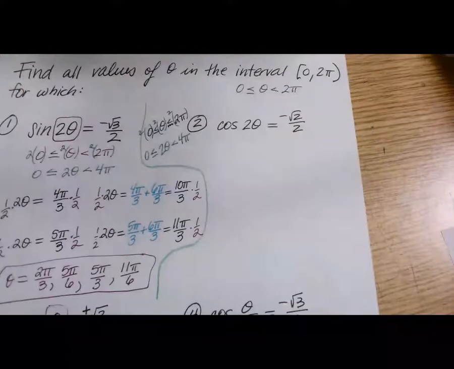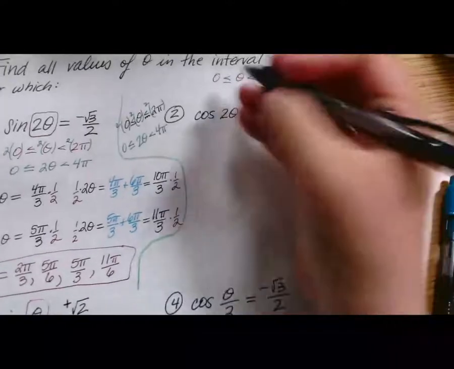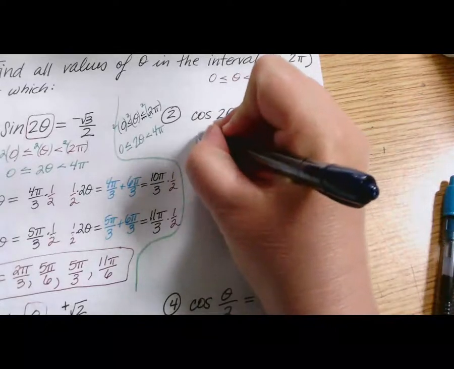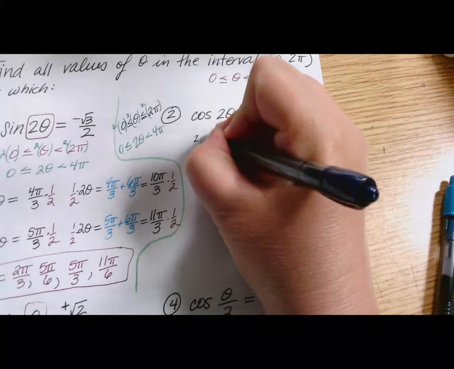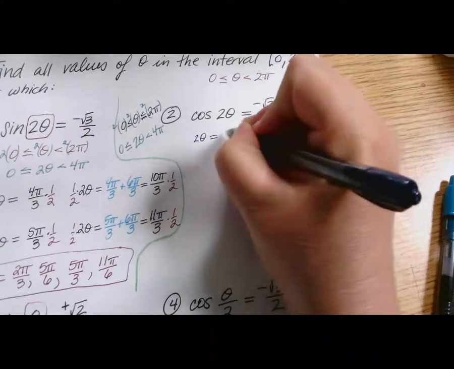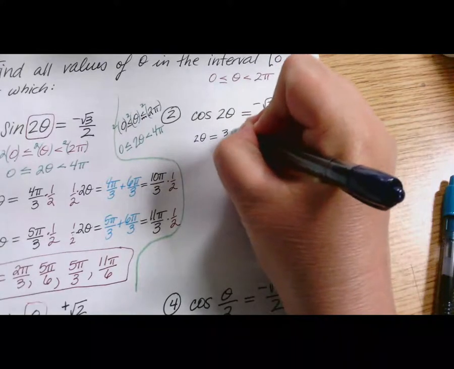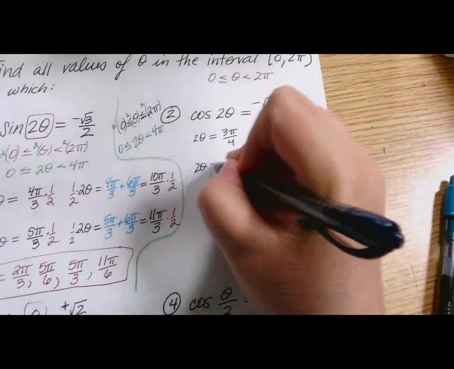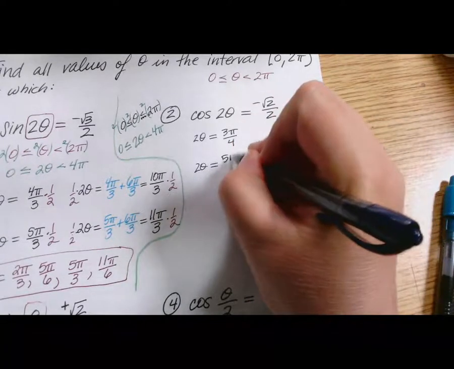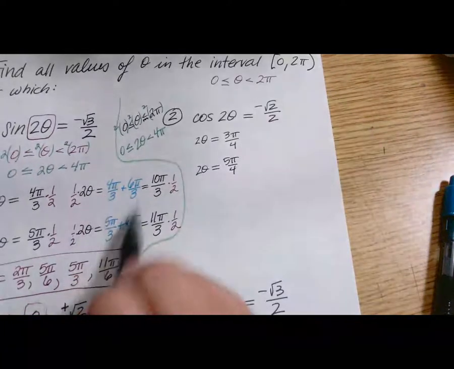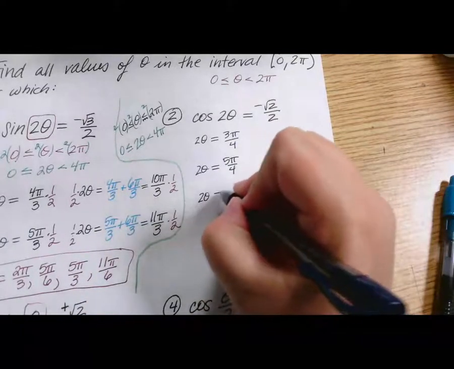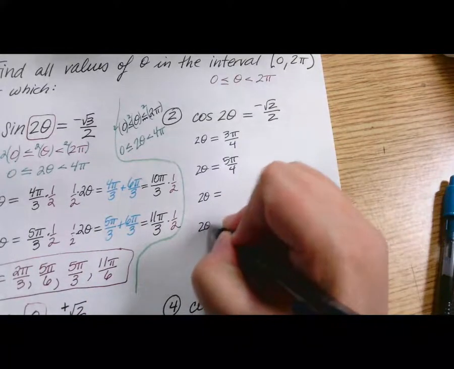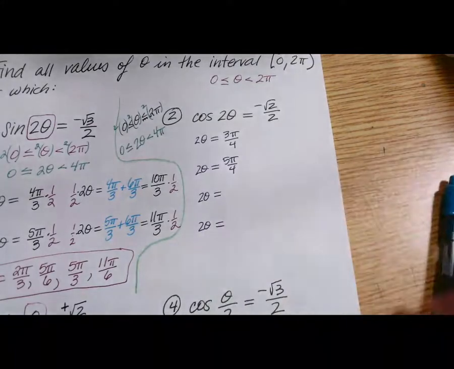The other way you can think of that, other than just kind of counting your way around the unit circle, is 2 theta is 3 pi over 4. 2 theta is 5 pi over 4, or just like we did right here, we can say 2 theta is either of those values plus 1 rotation around the circle.